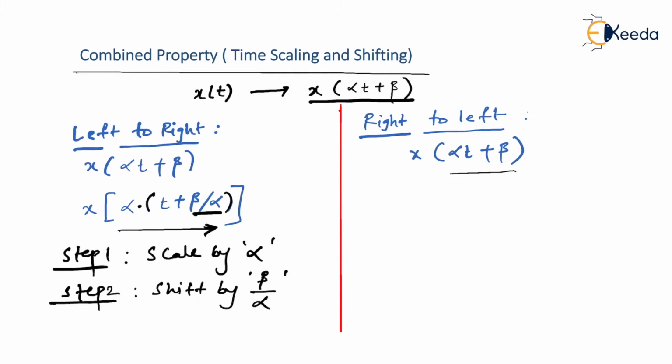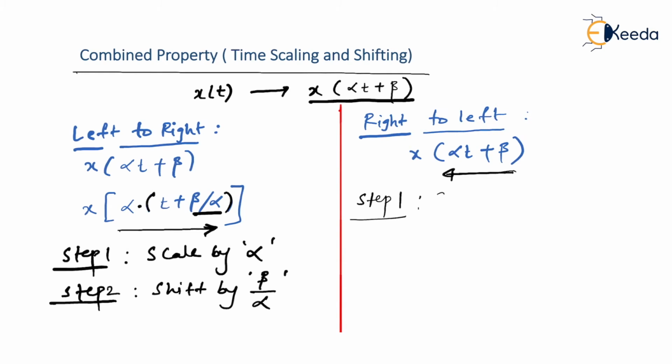So when you are moving like this, that is from right to left, step number one, what comes in picture? That is beta. Then you have to shift the signal by beta. Remember, this shifting would be either advancing or delaying depending upon the sign of beta, whether it is positive or negative. If it is positive, it is advance. If it is negative, it is delay.